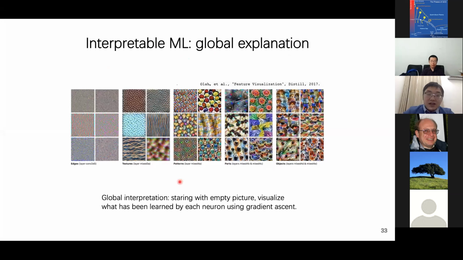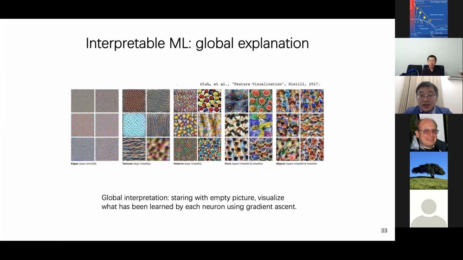On the left-hand side are features learned by the neurons in the shallow layers that are close to the input layer. The patterns are very simple, just edges, corners, or color patches. On the right-hand side are patterns learned by neurons in the deep layers that are very close to the output layer.